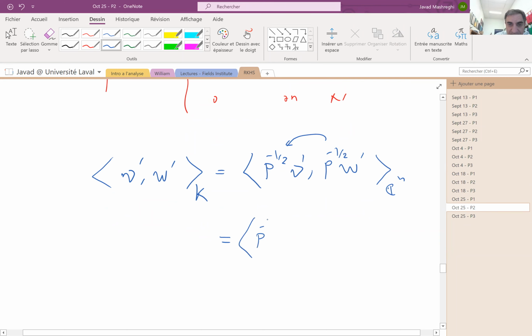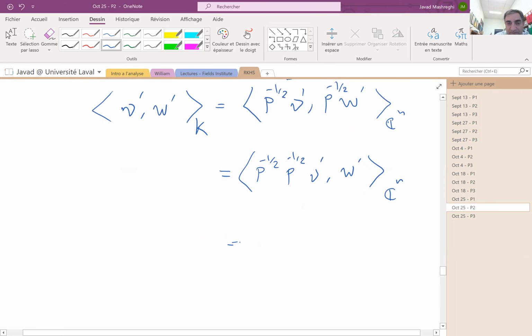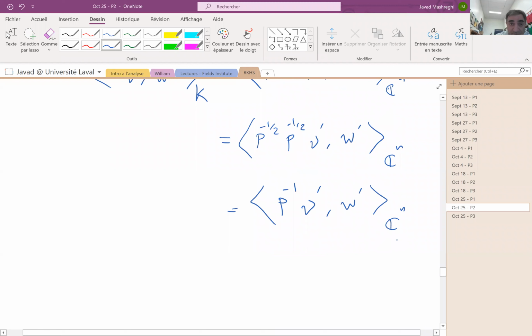It becomes P minus half, P minus half, V prime W prime in C^n. So it's P minus 1 V prime W prime in C^n. Of course, you can put it on the other one too.